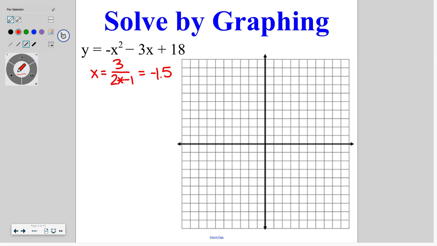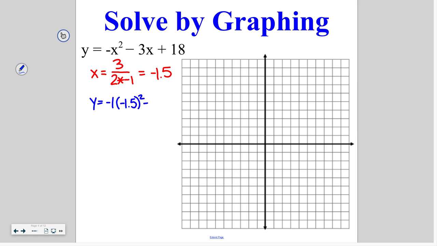Our next goal is to plug that back in to find the y coordinate. So I've got negative 1 times negative 1.5 squared minus 3 times negative 1.5 plus 18. Solving, I need to square 1.5 and then multiply by negative 1. So I'm going to end up with negative 2.25 there.